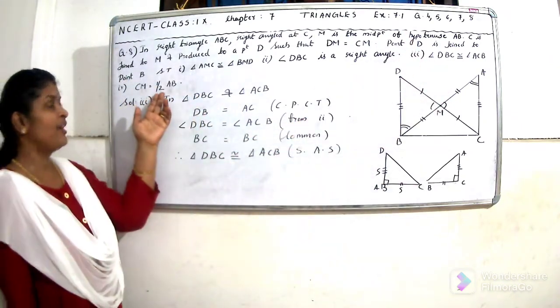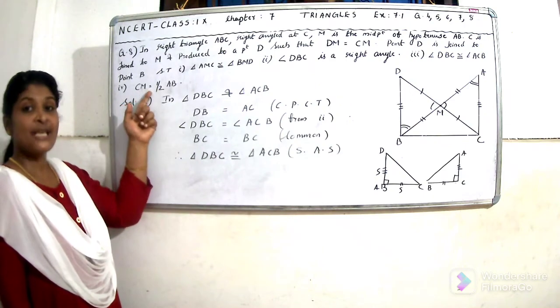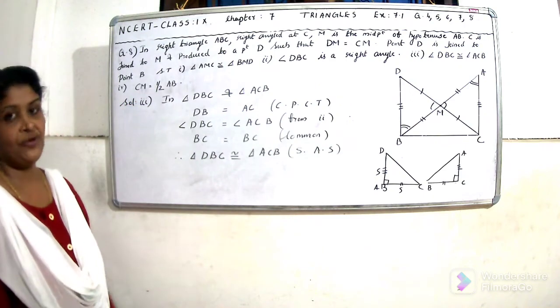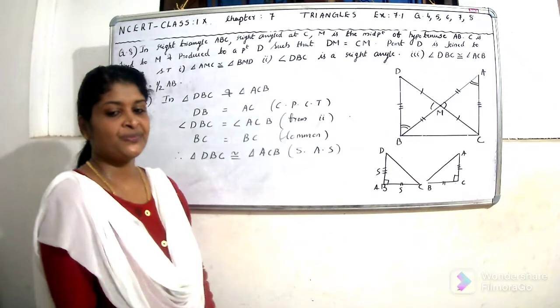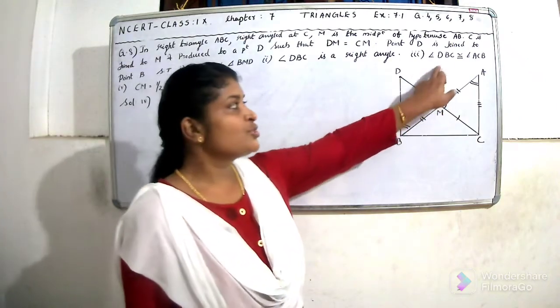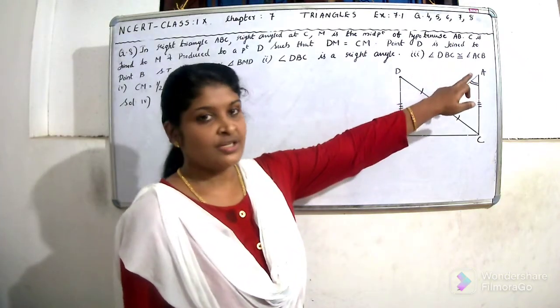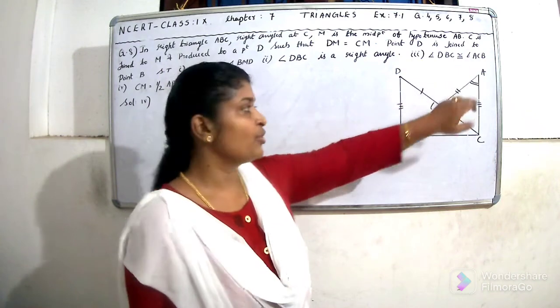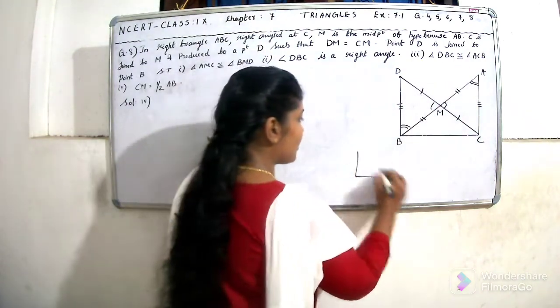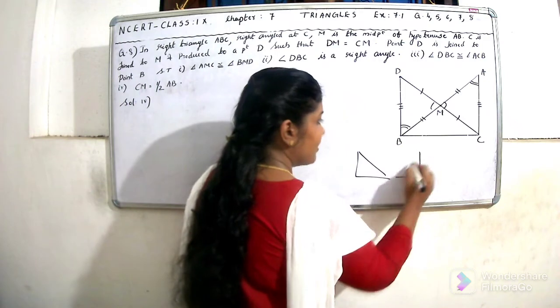Now the last and final part, CM is equal to half of AB. Okay, so let us prove that also. Already we proved these two triangles are congruent. That means, this is the way we observe.